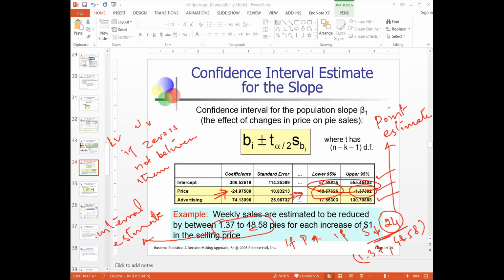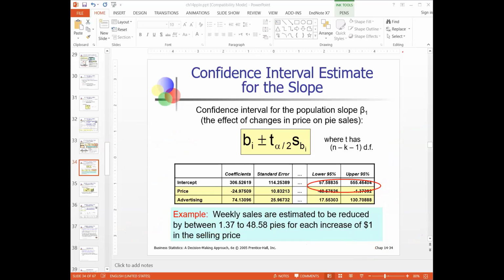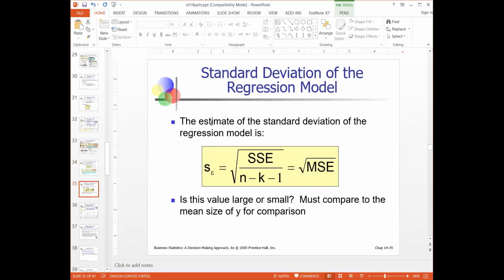Okay, so let me move to the next slide, then we'll discuss. Next it is talking about another point that is measured by regression, that is the standard deviation of the regression.